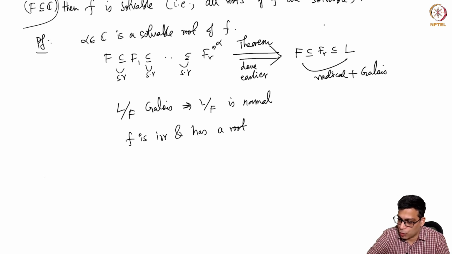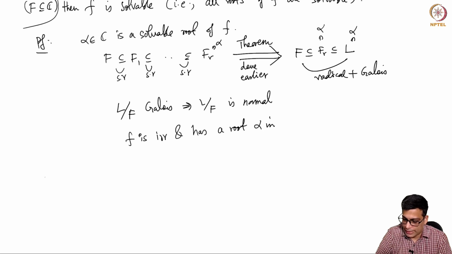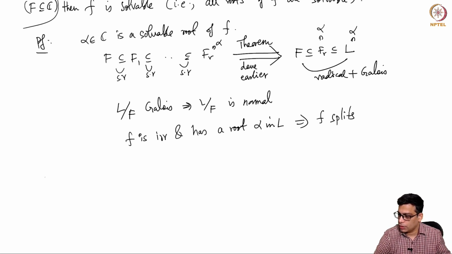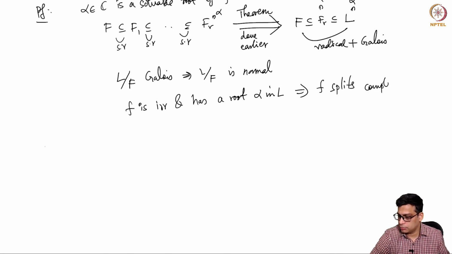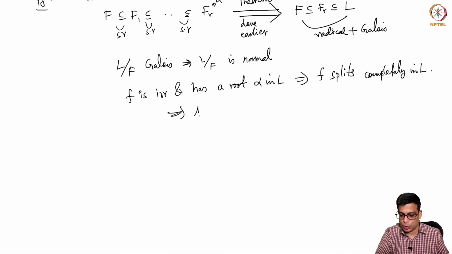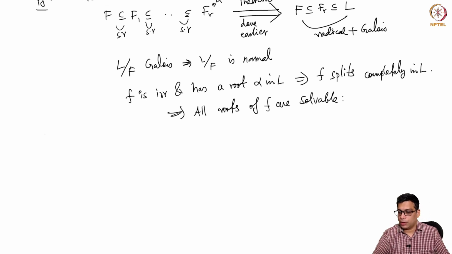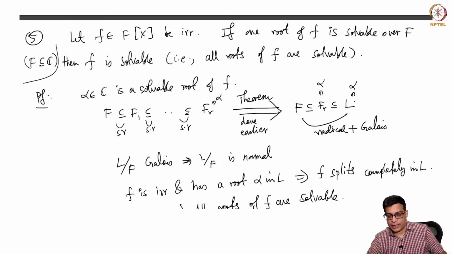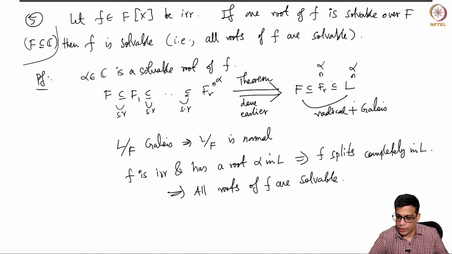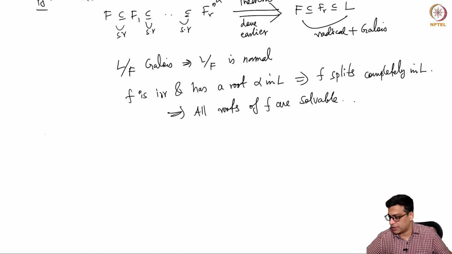So alpha is of course in L, f has a root alpha in L. So f splits completely in L, right? So that means all roots of f are solvable, right? Because all roots of f are in a radical extension. So every root is solvable, hence f itself is solvable.